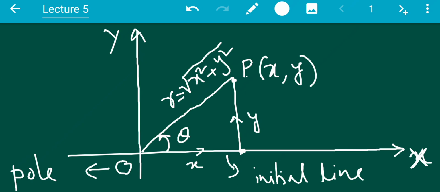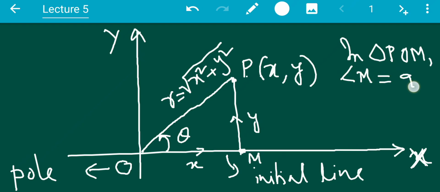And what is theta? This is a right angle triangle. Suppose this is M, then in triangle POM, angle OMP is equal to 90 degrees.